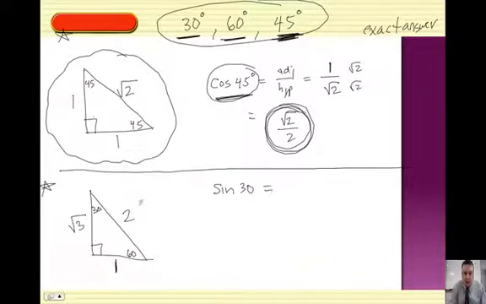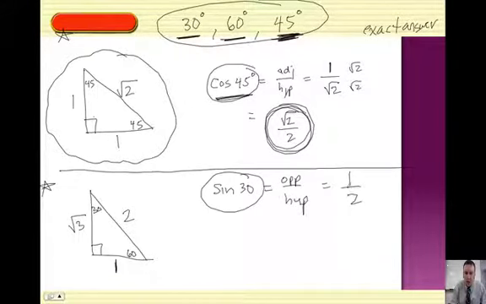Ready? What's the sine of 30? All you have to do is remember this right here. Here we go. Sine of 30. Opposite over hypotenuse. So opposite of 30 is 1, and hypotenuse of 30 is 2. So sine of 30 degrees is 1/2. Okay?